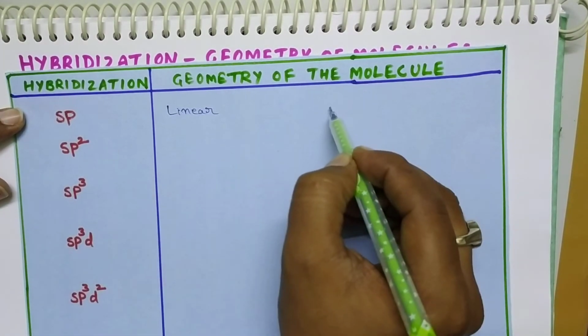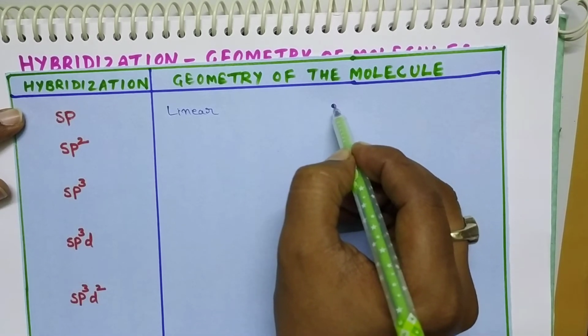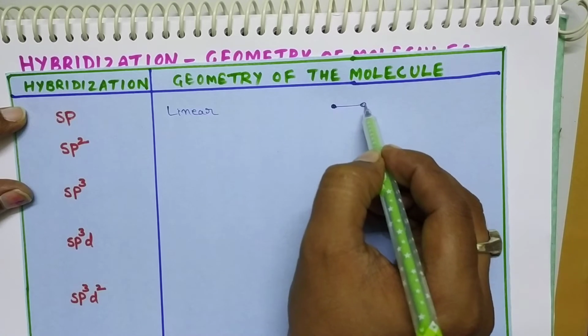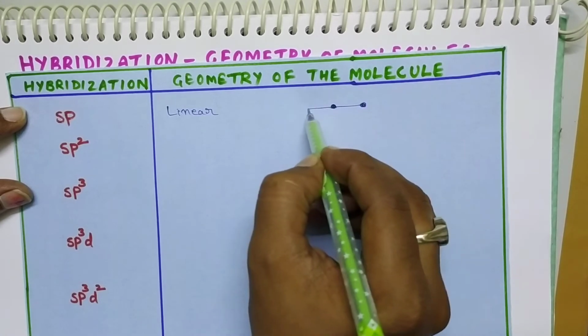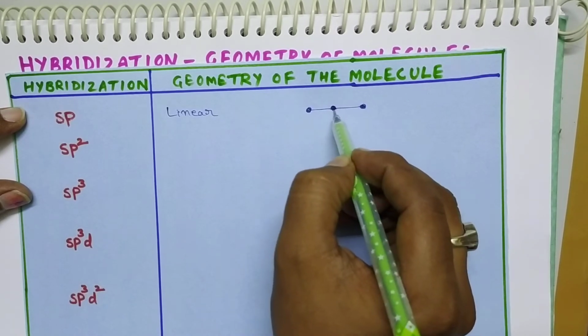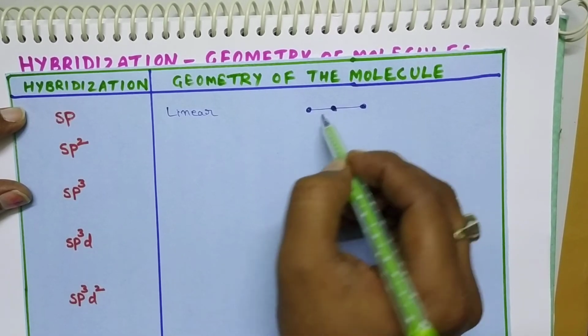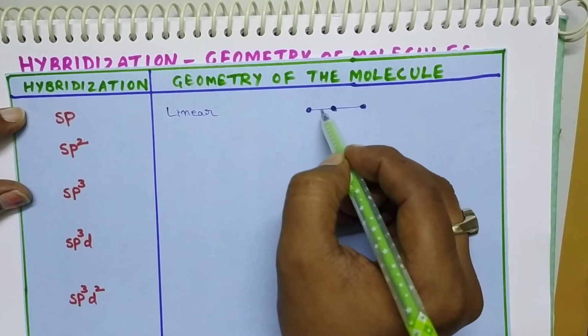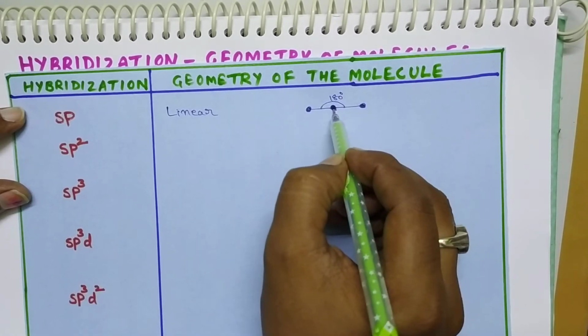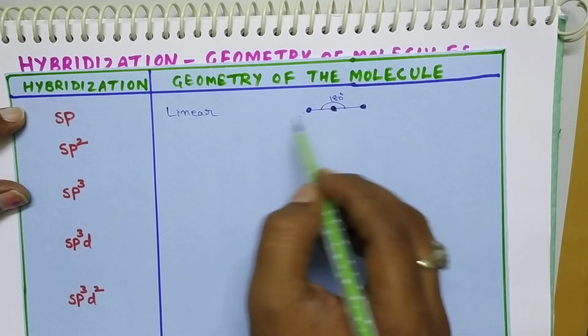Suppose this one is the central atom. It forms one bond with one atom and another bond with another atom. So it forms 2 bonds with 2 atoms, and that's why the structure will be linear with bond angle 180 degrees. This is the central atom, and these are the terminal atoms.